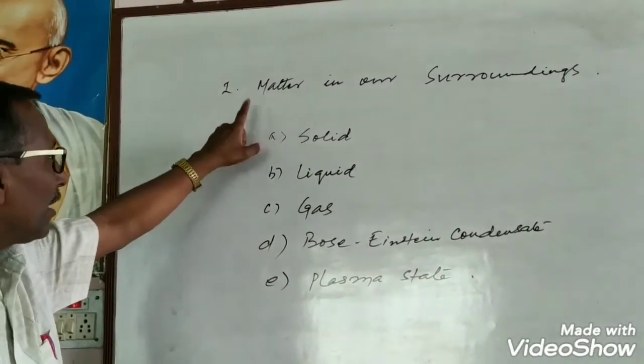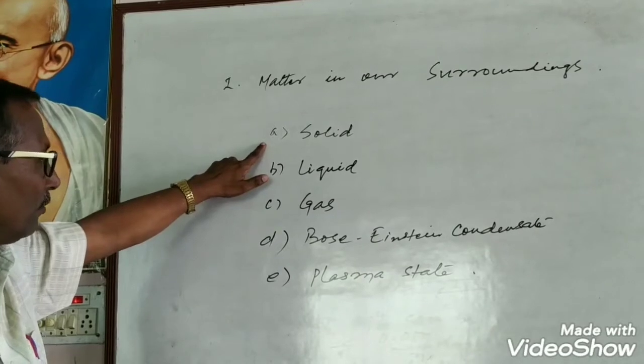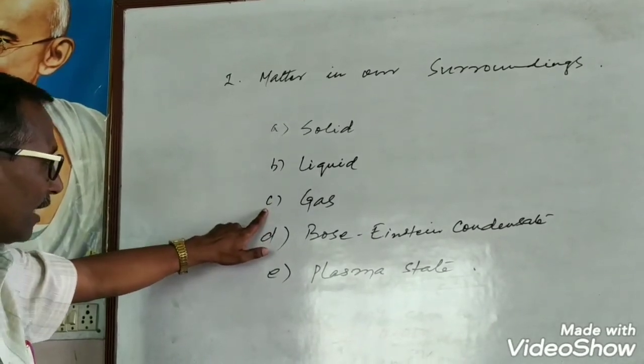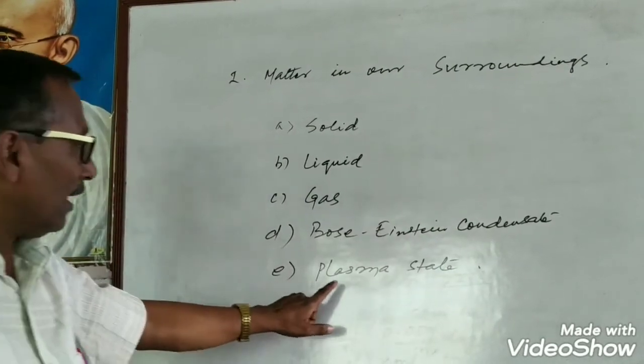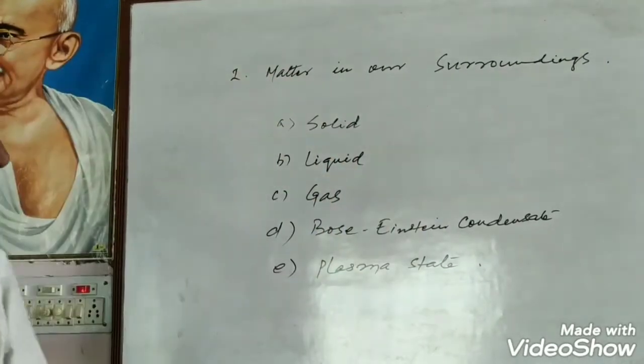So there are 5 forms of matter: solid form, liquid form, gaseous form, Bose-Einstein condensate form, and plasma state form.